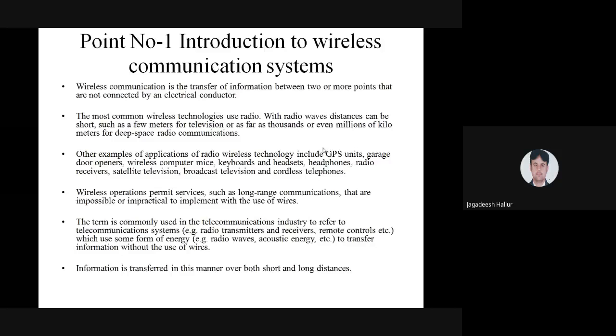So wired has been replaced, and wireless has come in for longer distance communication. Wireless operations permit services such as longer range communications that are impossible or impractical to implement with the use of wires.